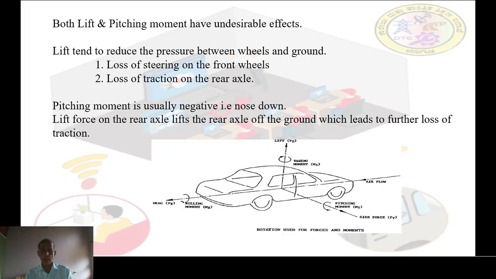Then the movement formula: rolling movement due to side force, Mx. Mx is equal to Py Zc equal to Cmx rho v square A l by 2.